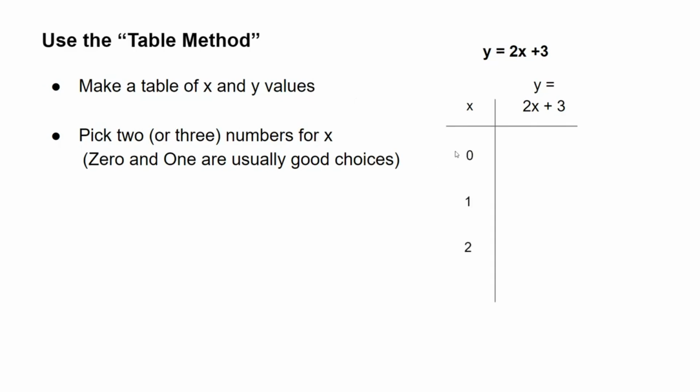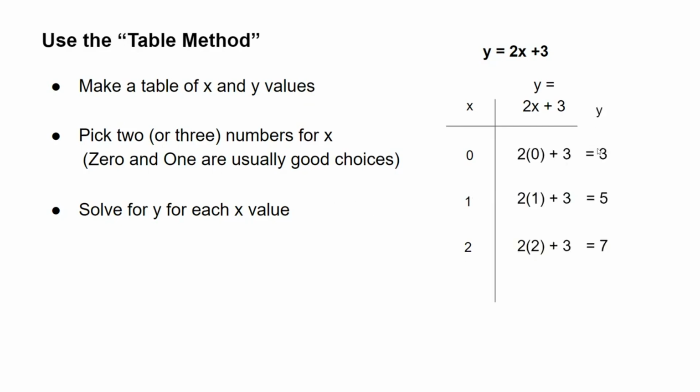So these are the 3 values of x that I chose: 0, 1, and 2. Now we're going to solve for y for each of those x values. That means we're going to substitute 0 for this first one into 2x plus 3 and see what y must be when x is 0. And then we will do that for x equals 1 and for x equals 2.